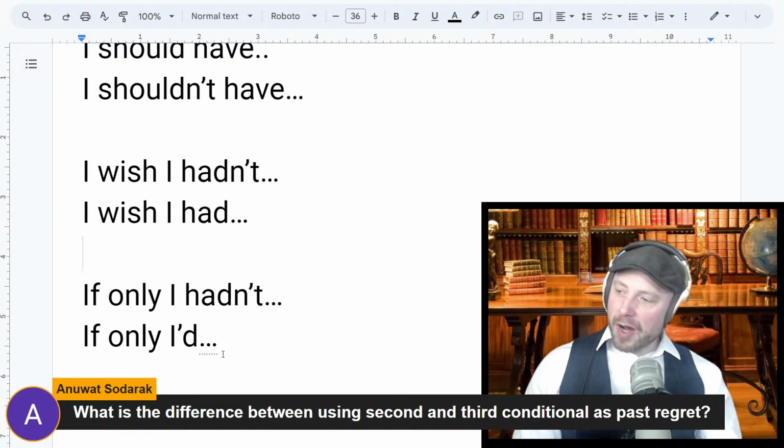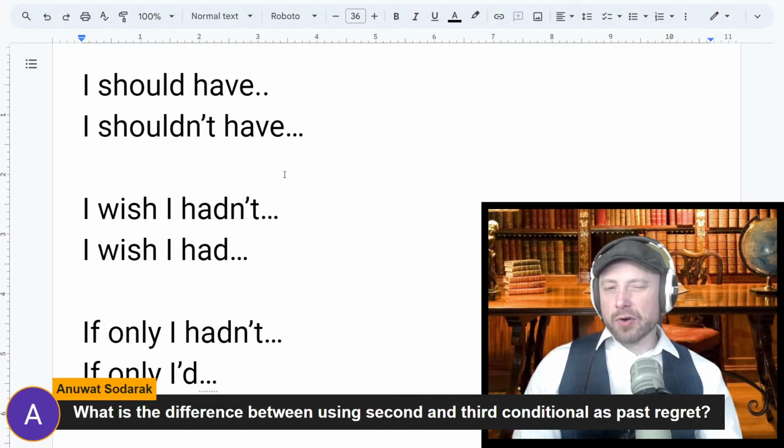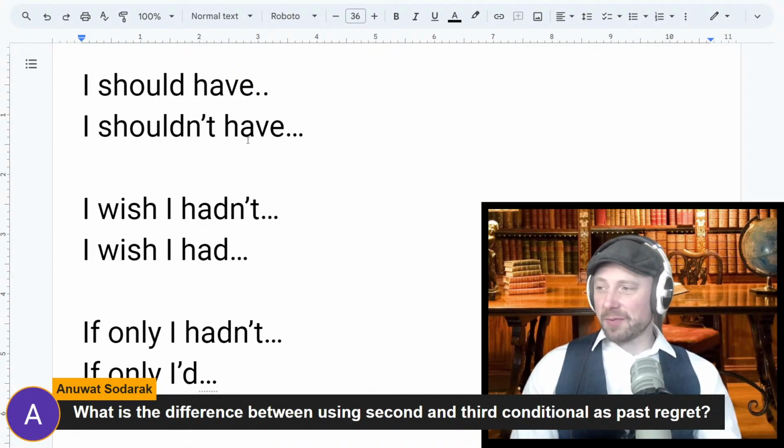So these are probably the easier and more common ways of expressing regret. I think without going into very detailed nuance, I don't think there's much more to say about that other than you've got lots of options.